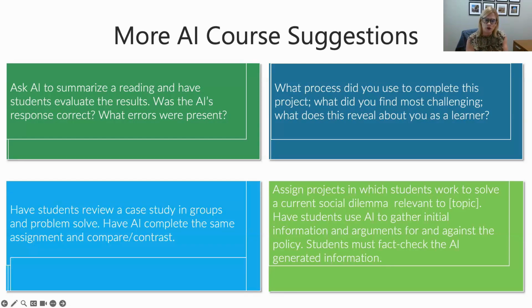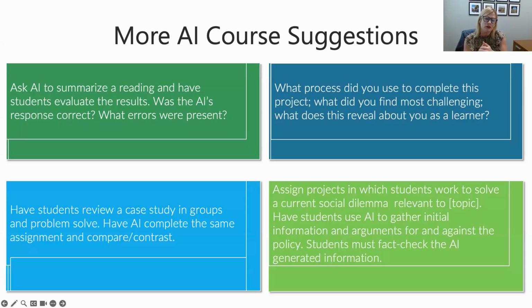Case study in a group and problem solve, and then compare that output or what the students have generated in a group with AI completing the same assignment and doing a compare and contrast. And again, going back to what AI does well and maybe what AI doesn't do very well.